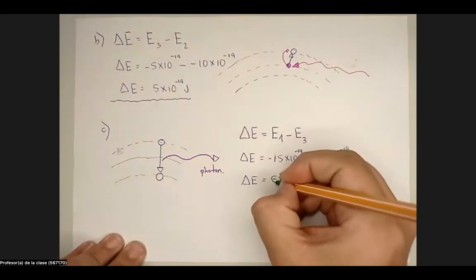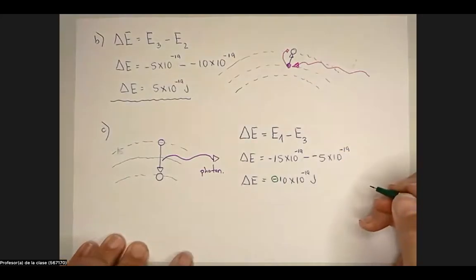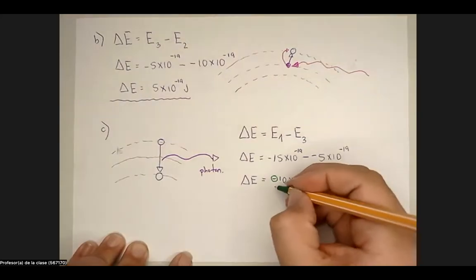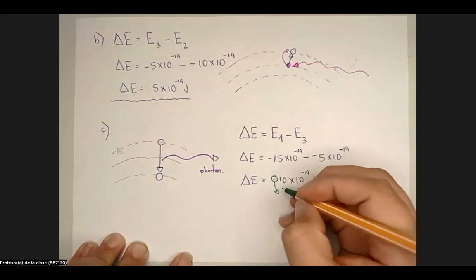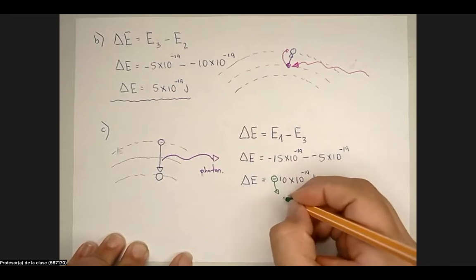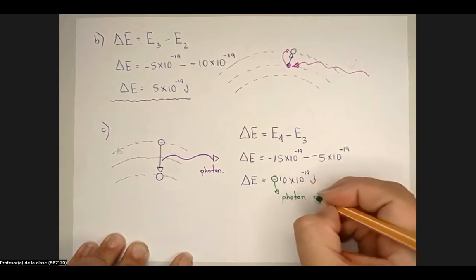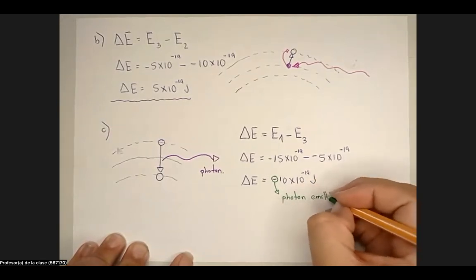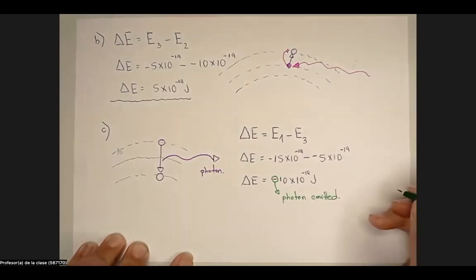This minus over here tells us that we have a photon emitted. Okay, that is important.